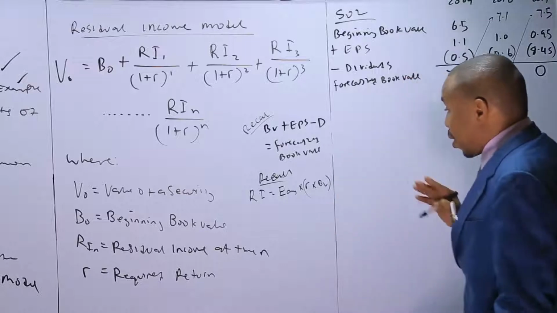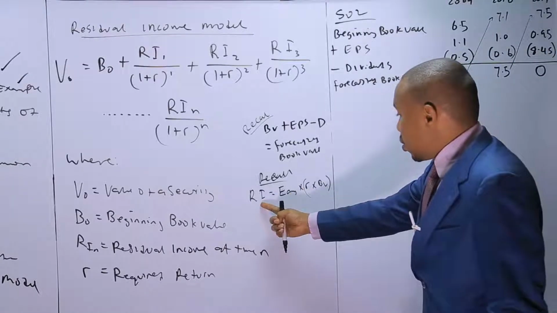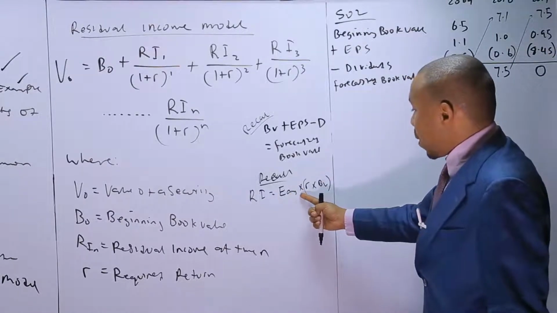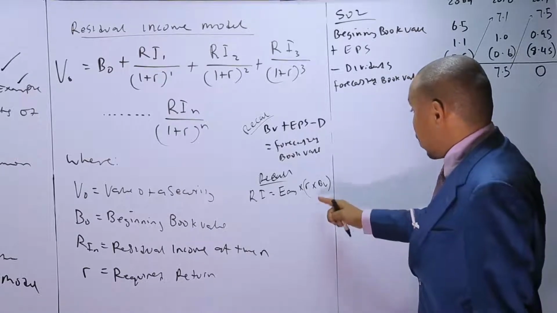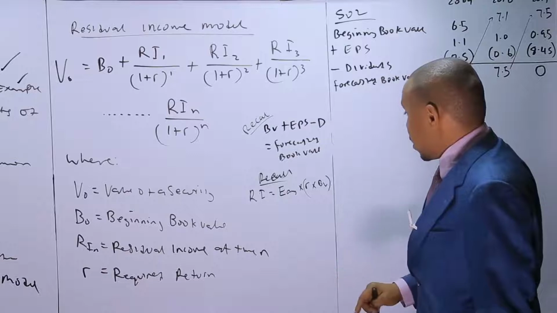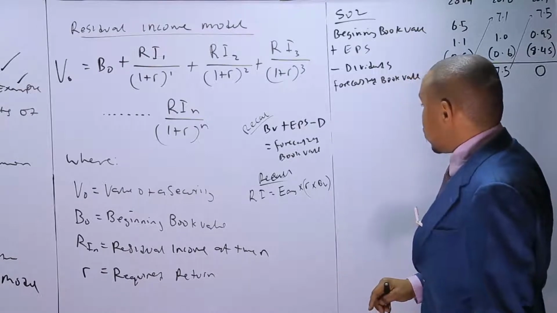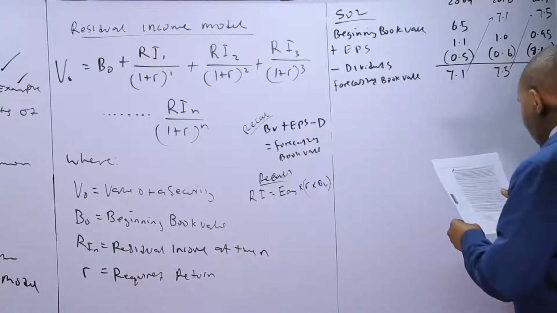That is what should be at the back of our minds. We know that getting the residual income, we have the earnings, we multiply that by the product of the required return and the book value of equity, like that.